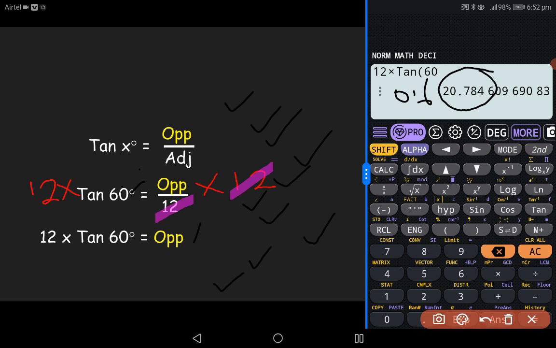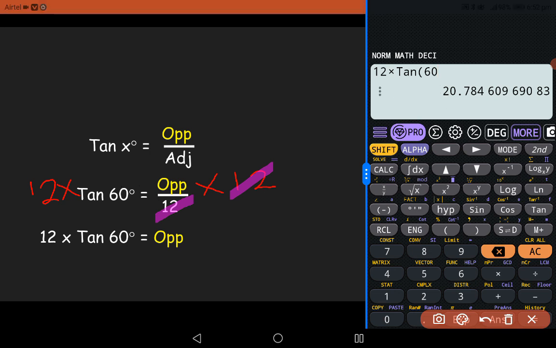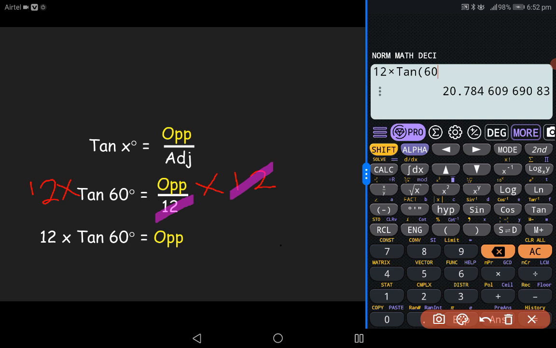If you look at this part here, this is actually giving you 20.7, or 20.8 if you round to one decimal place, or if you correct it to 4 significant figures, it will be 20.78 meters. Very important point to note.